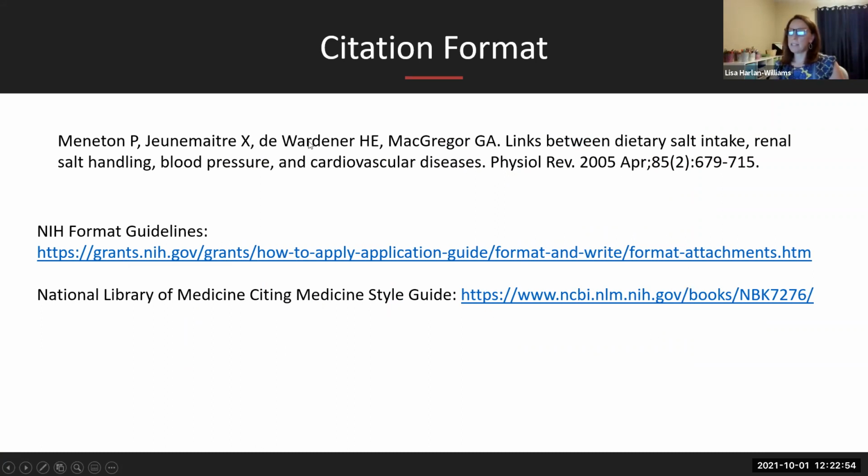This is an example of a basic journal citation where you list all of the authors, last name, then initial of the first name, and then the title of the journal article, the journal name, the year, the date, the volume number, and then pages.